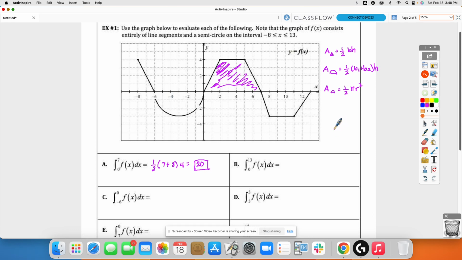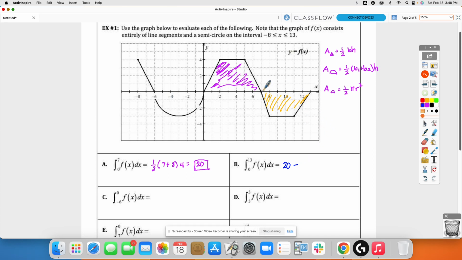Okay, for B, we want to find the area from 0 to 13. So to the area from 0 to 7, we are adding on the area from 7 to 13. That would be 20, which is the area from 0 to 7. And since this is below the x-axis, that area would be negative.